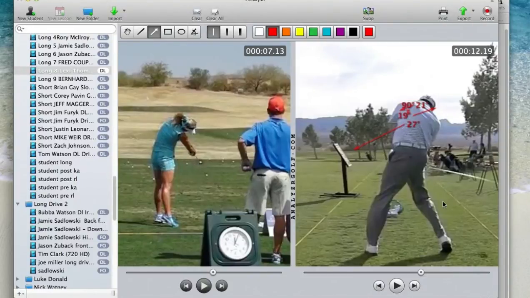All right, so I have another question. Players with limited mobility in the hips and pelvis may have trouble getting into that halfway down position. Is it just a matter of flexibility, going to a trainer and doing stretch programs, or are there drills that can help with that?